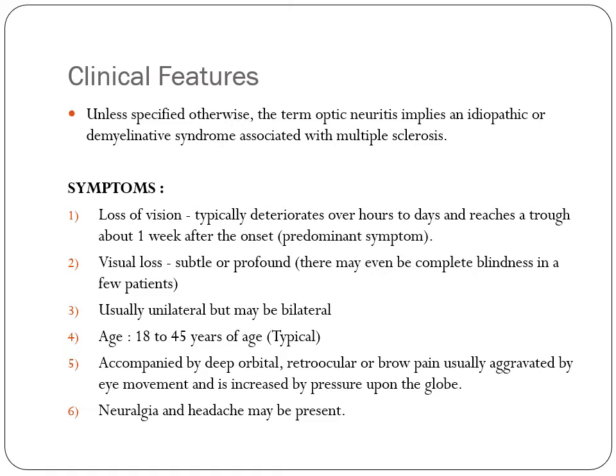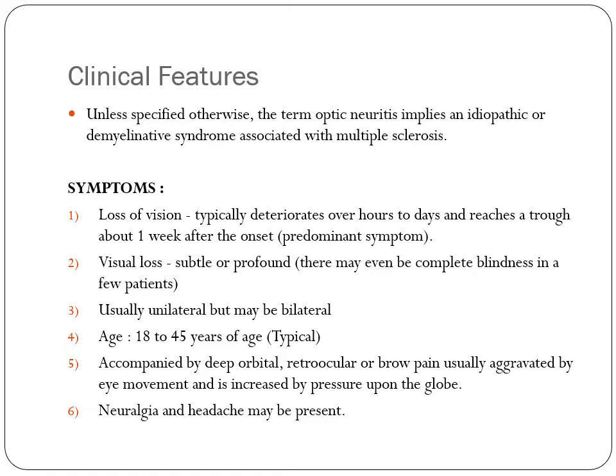This vision loss goes down and reaches a trough, the lowest point, about 1 week after the onset. Visual loss is subtle or profound. Sometimes there is complete blindness, sometimes there is very small loss of vision. It is usually unilateral, rarely bilateral. Age group is 18 to 45, typical. This is typical optic neuritis.